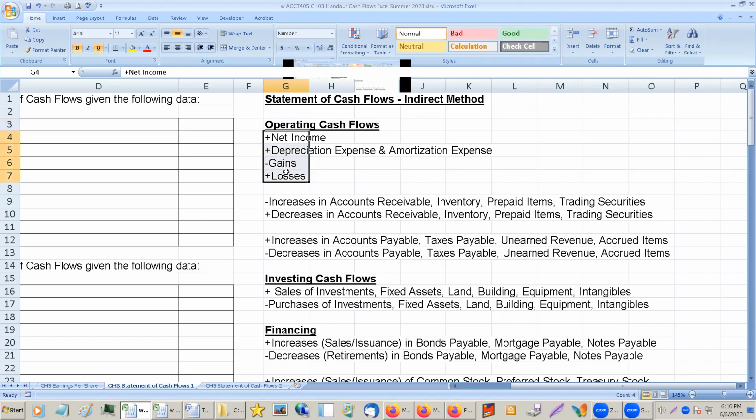It's kind of a formula, and we'll follow this formula as we go through. We have the operating cash flows, which is the first section. I'm going to call this section 1. The second section is the investing one, and the third one is the financing.